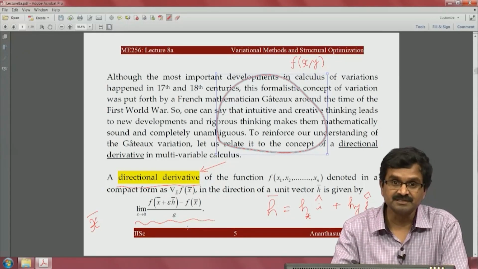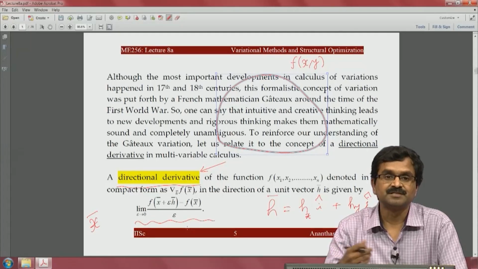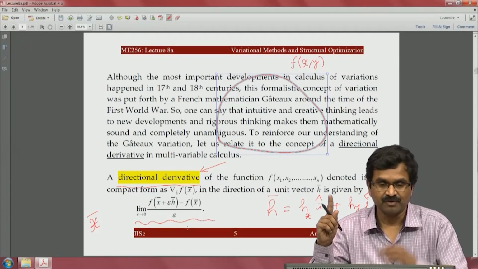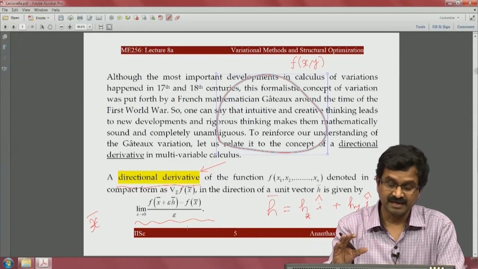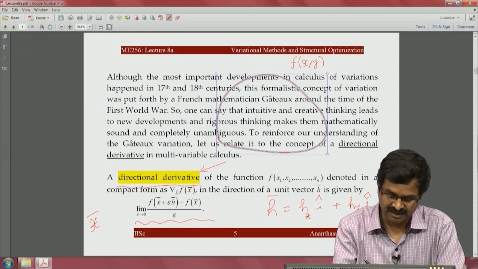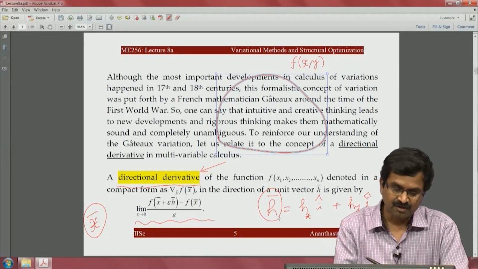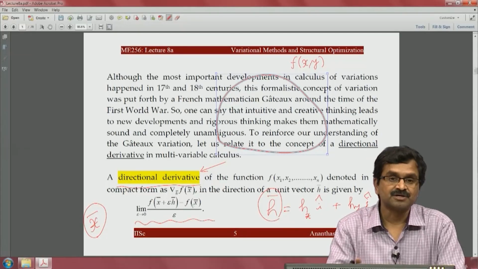If you compare this with the Gateaux variation, you will see that it is similar. We have chosen h of x, and we have y of x. For f of x, we take x as a vector, and then h is also a vector. If we take y of x, then h of x is also a function, and that is how you should look at it.